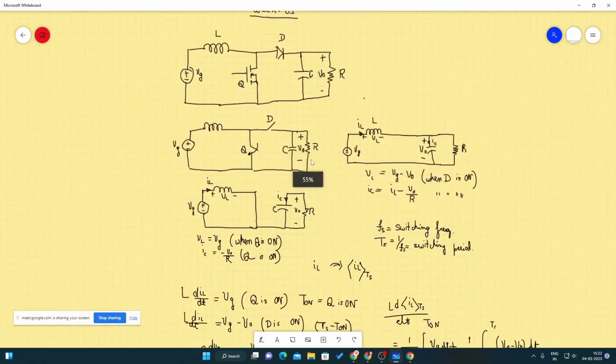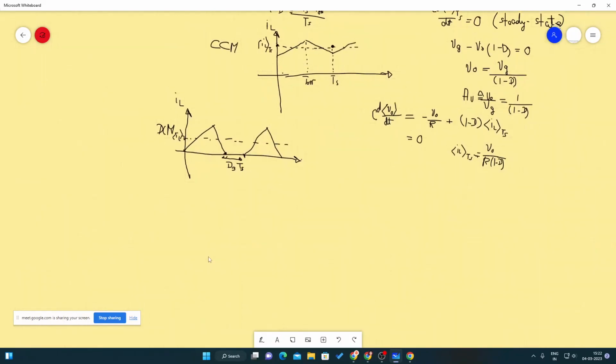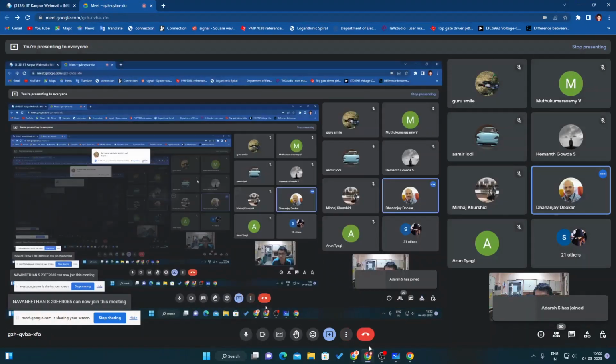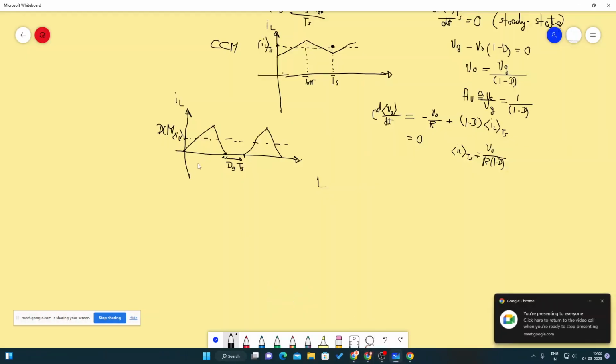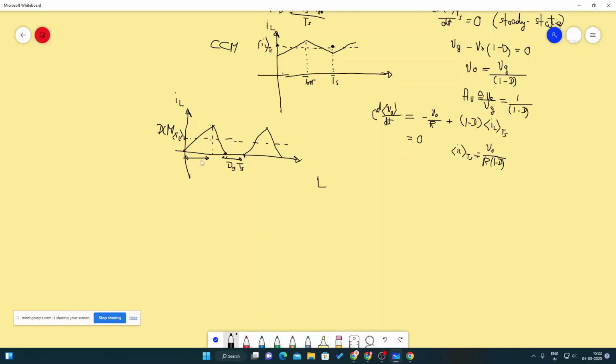So we will write the expressions as L. Let's suppose this duration is D1TS or DTS, this duration is D2TS, the falling duration, and the duration when the current is completely zero is D3TS.